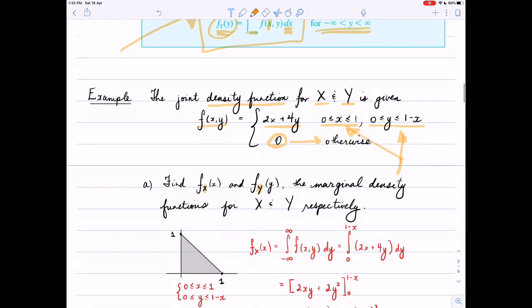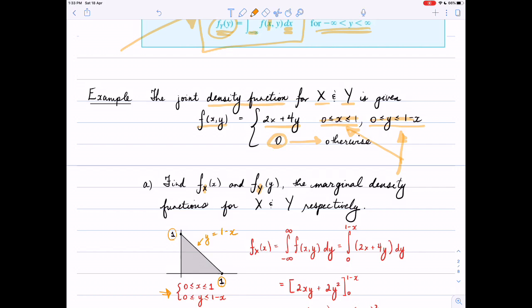If 0 is less than or equal to x is less than or equal to 1, and 0 is less than or equal to y is less than or equal to 1 minus x, then we have this region here where this is the line y is 1 minus x. So we have a triangle in the first quadrant, the triangle with the intercepts of 1 and 1. These are the same inequalities that were given to us in the density function.